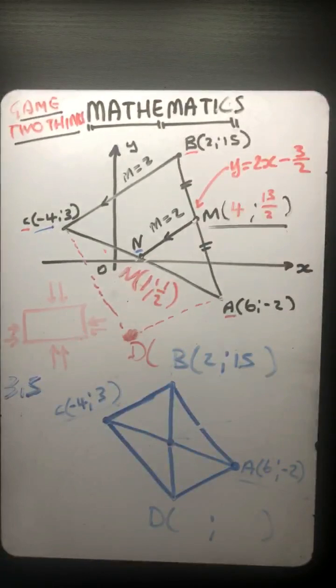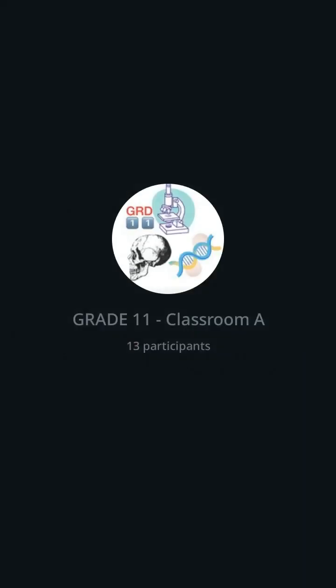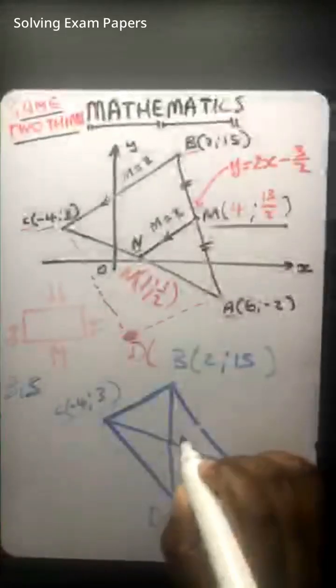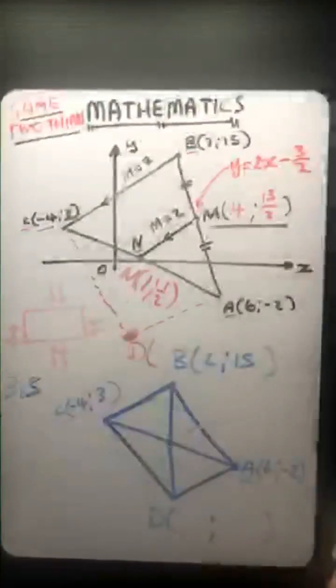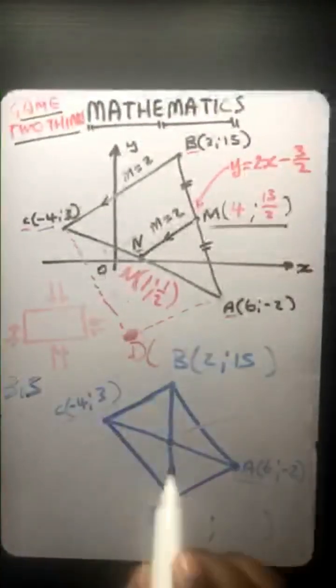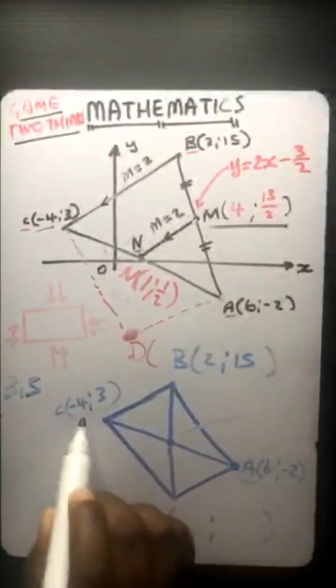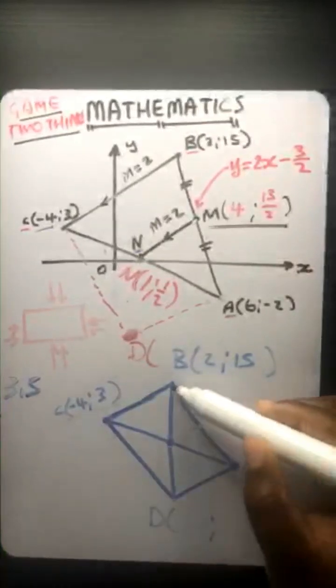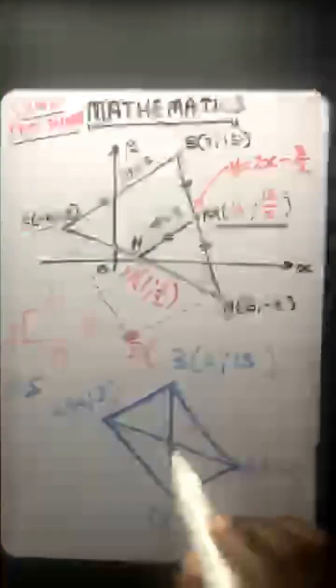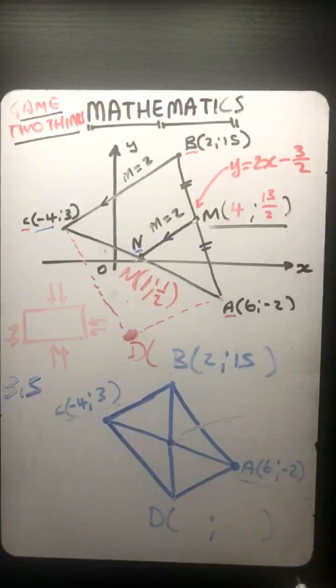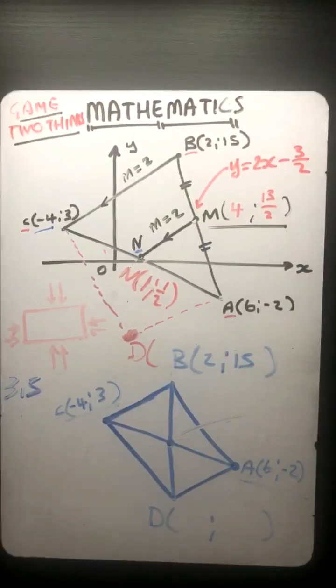Yes, sir. So you calculate the midpoint of that point, because we say these are diagonal lines, meaning they share the midpoint. Maybe let's quickly work out the midpoint. What is the midpoint?